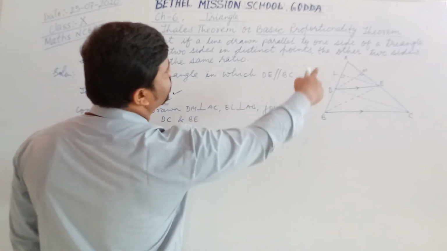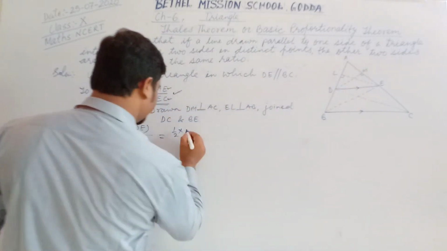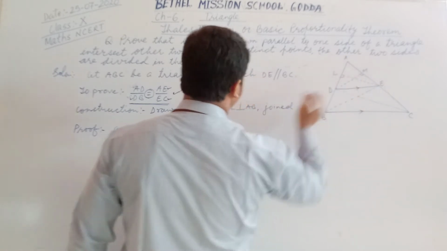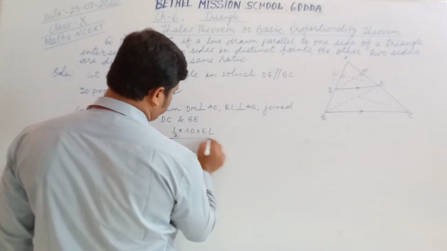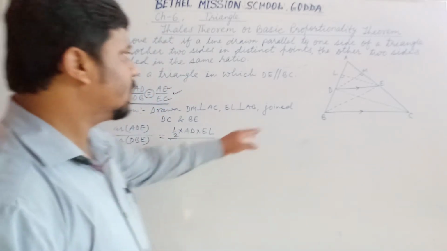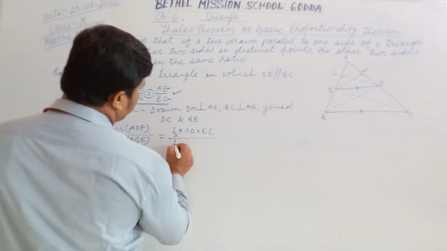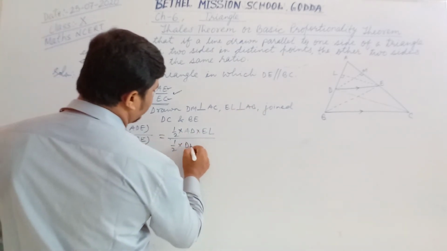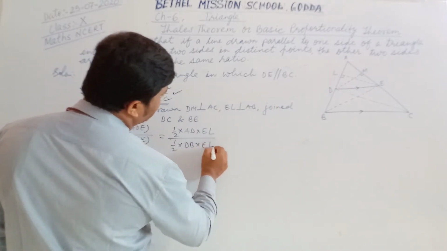For ADE, the base is AD and the altitude is EL. For triangle DBE, half into base DB and the perpendicular is the same EL.